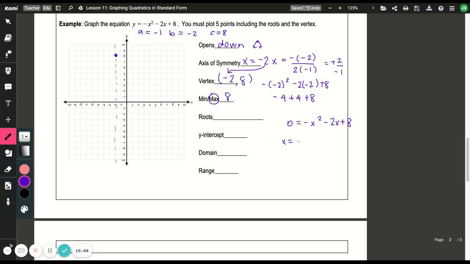X equals -b plus or minus the square root of b squared minus 4 times a times c all over 2 times a.